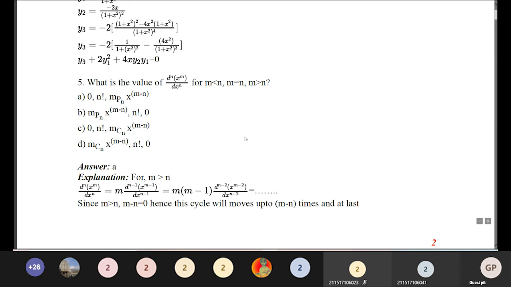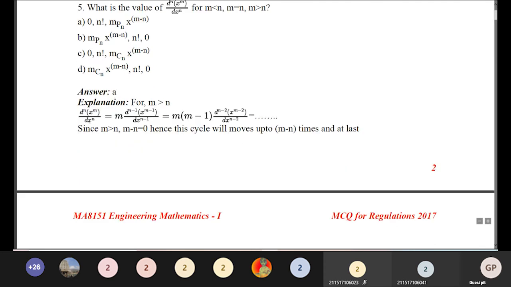If you are considering the third option, m greater than n, what do you have? m into d power n minus 1 x power m minus 1 divided by dx power n.